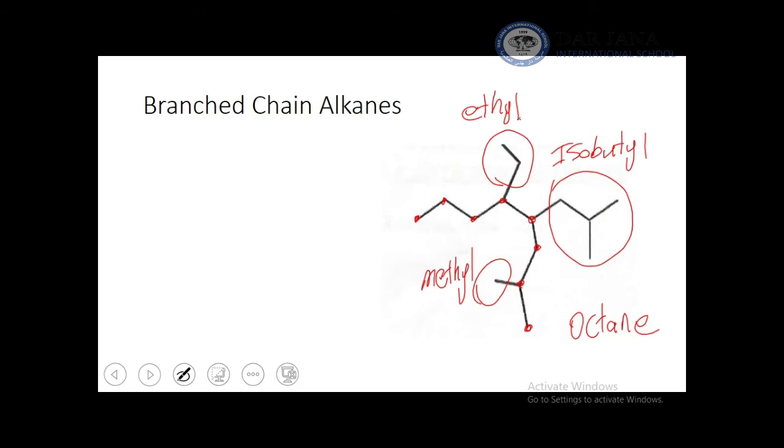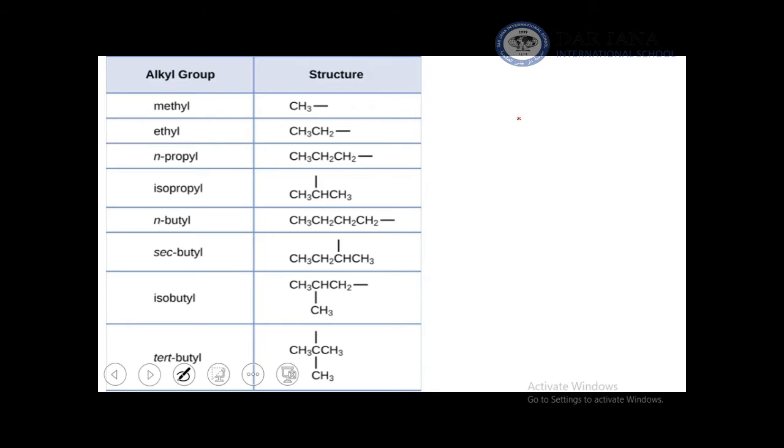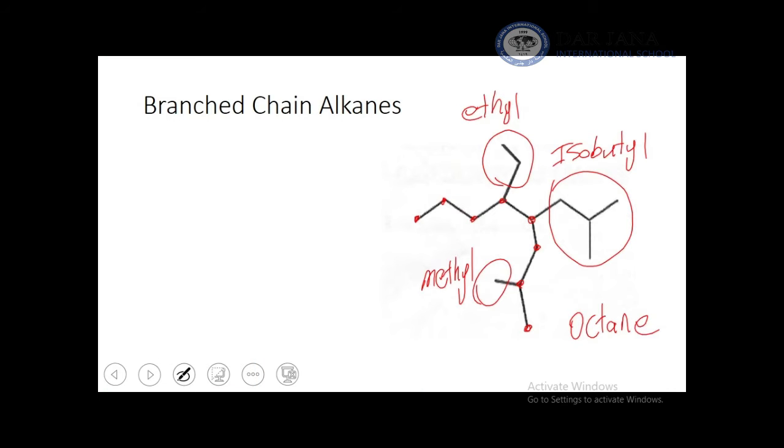If you are not familiar with the alkyl groups or the substituents, I have here in this PowerPoint a table containing different alkyl groups starting from methyl until tertiary butyl. So you have to know these alkyl groups to name branch chain alkanes. Let's go back to this molecule and give it a finalized name.